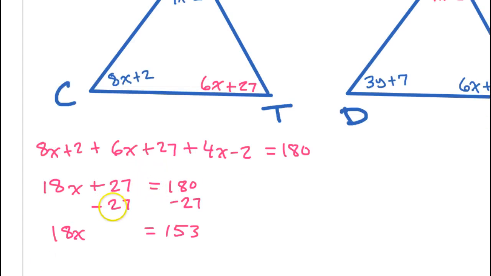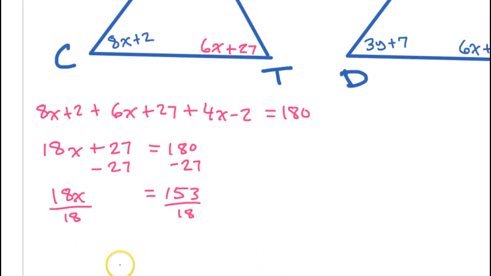So if I subtract 27 from both sides, I get 153. So next it would be time to divide both sides by 18. So just in my calculator, I'm doing 153 divided by 18, and that is 8.5. Okay, so I'm getting that x is 8.5.